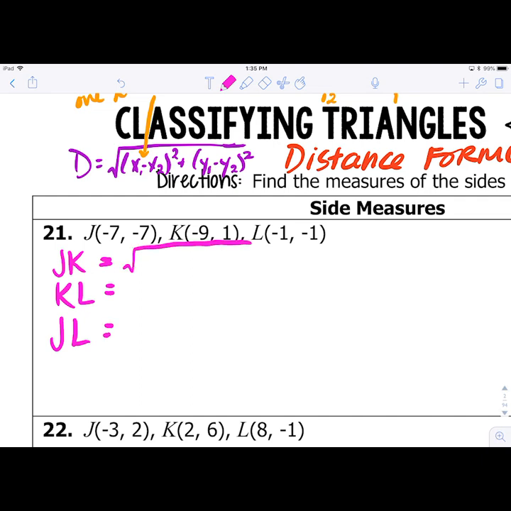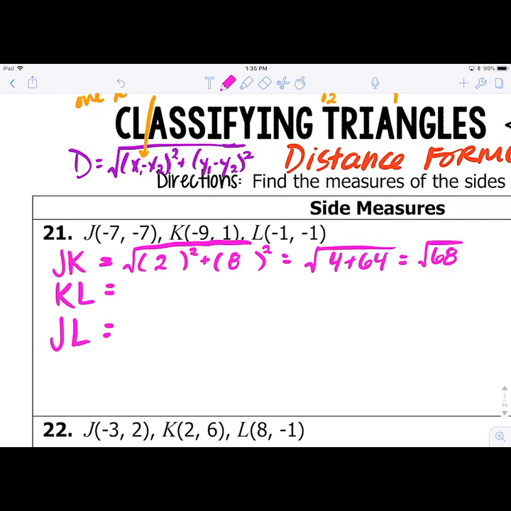Side JK, what's the difference in the x's there? Well, between negative 7 and negative 9, that's a 2 unit separation. What's the distance in their y's from negative 7 to 1? Well, negative 7 to 0 is 7 units away. 0 to 1, that's 1 unit away, so that's 8 units apart. So I got 4 plus 64, that is 68.